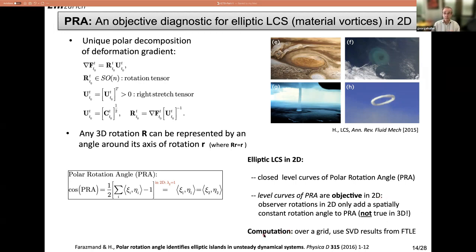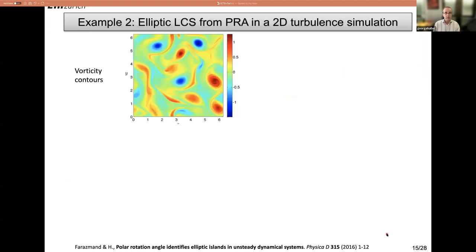So how do you compute it? Same thing. Once you have the Cauchy-Green strain tensor, or once you have the deformation gradient, just do an SVD, singular value decomposition, and a byproduct of that will be the left and right singular vectors. And there you go. You have the PRA immediately, and then just plot it. And when you do that, this is what Mohammed did. This is what you get from vorticity in a two-dimensional turbulence simulation.